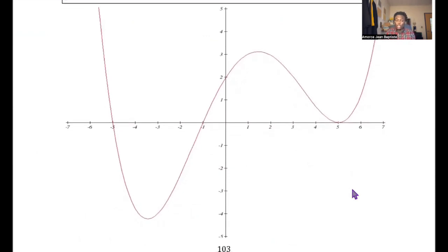Now, first thing we want to do, since the conversation is about zeros, then we're looking for where the graph crosses the x-axis.